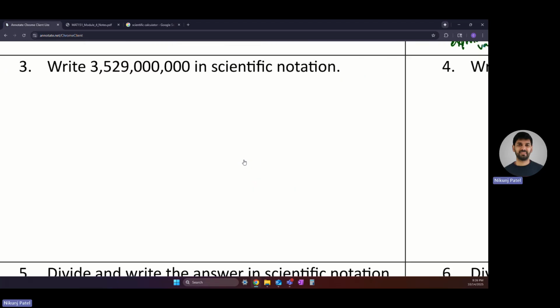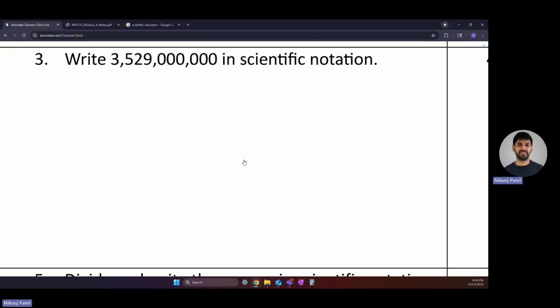Let's try another example. This one gives us a very large number, 3,529,000,000, and we need to rewrite it in scientific notation.